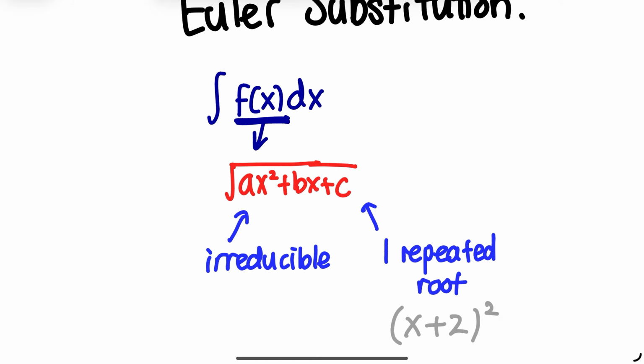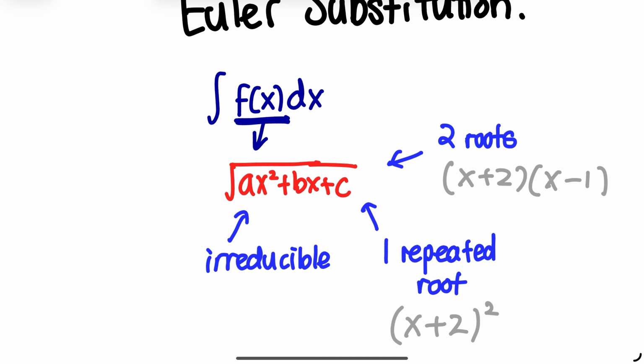This is a repeated root. The root is negative 2, which is repeated multiple times. And the last case is two rational roots. That looks like (x plus 2)(x minus 1), where the function can be expressed with two roots.